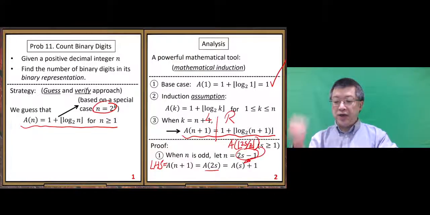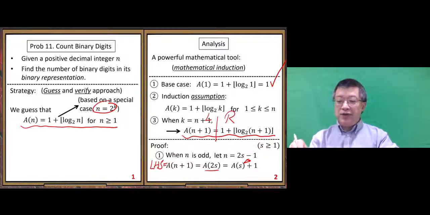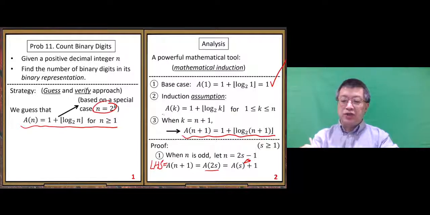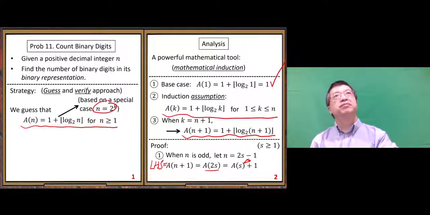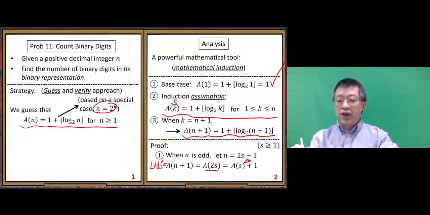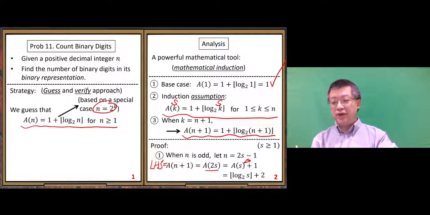So we get this form. Then, next step, we can use the induction assumption. We plug in s here, we should have s there by induction assumption. So we get this.